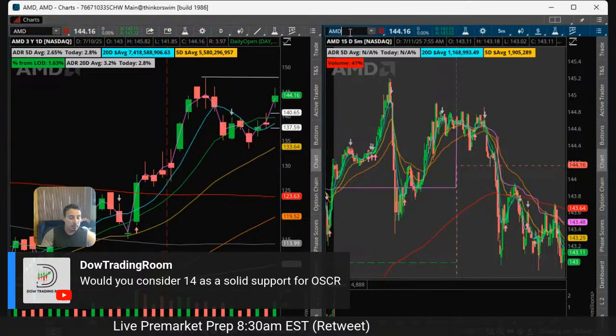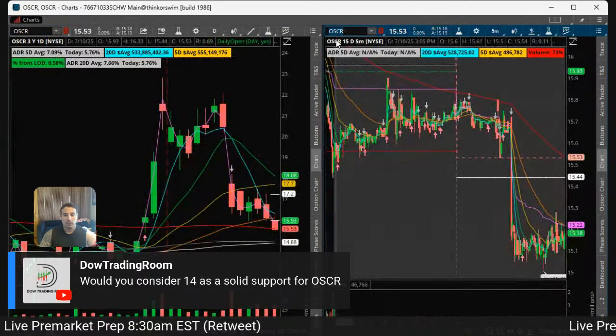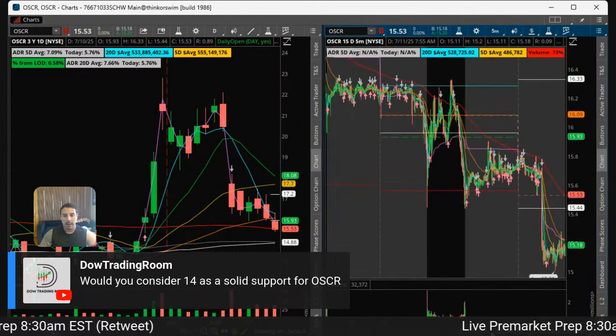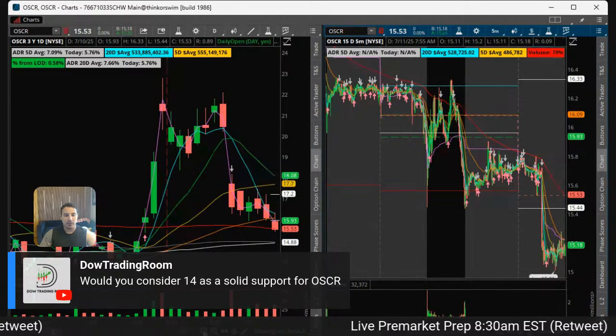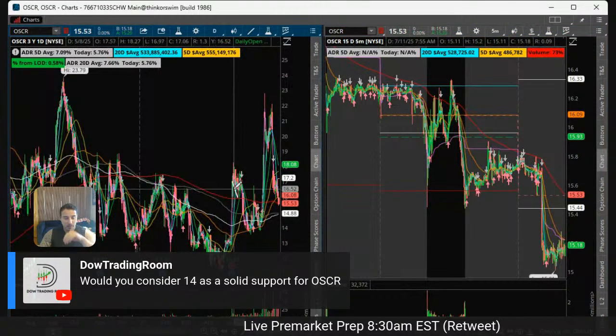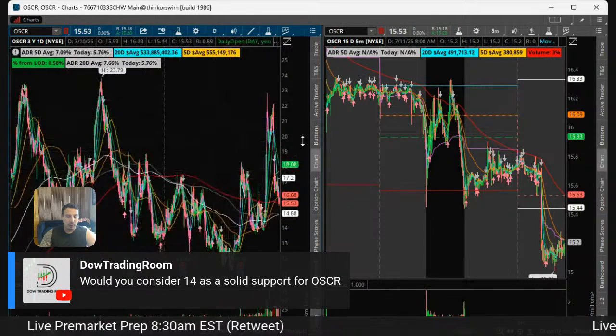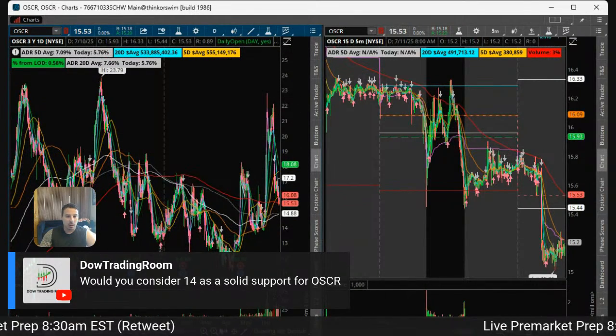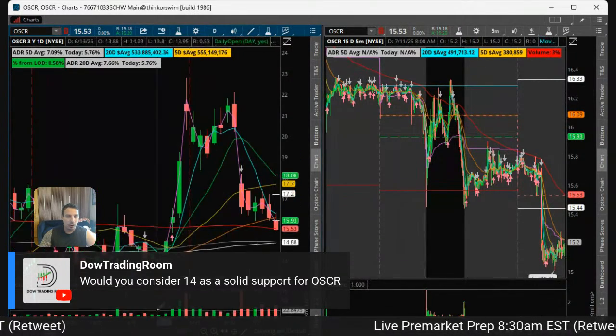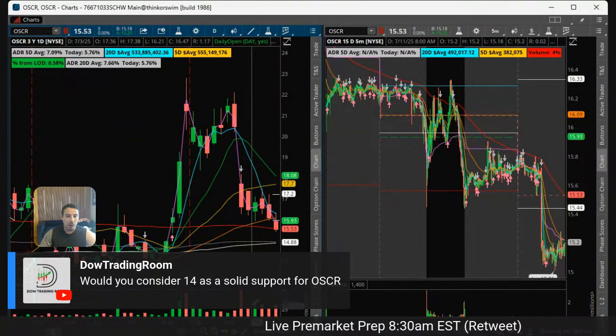No, I wouldn't buy Oscar right now. I keep seeing people trying to buy Oscar for some godforsaken reason. Look at the volume. Ignore the chart. Look at the volume. What are the biggest bars out there? They're all red.